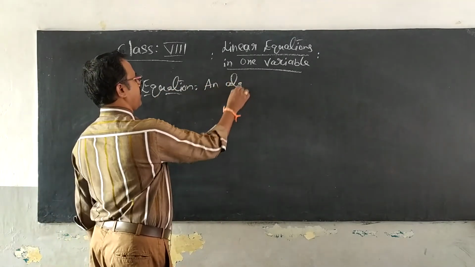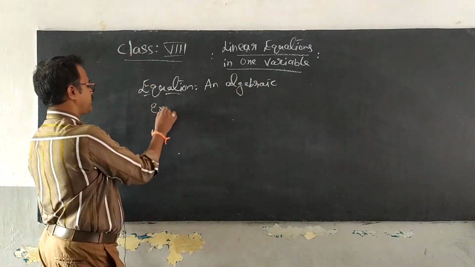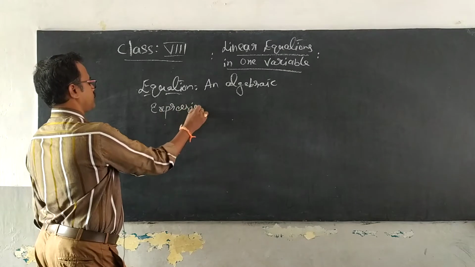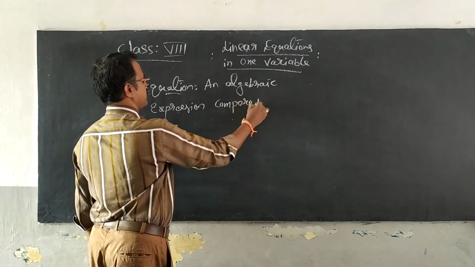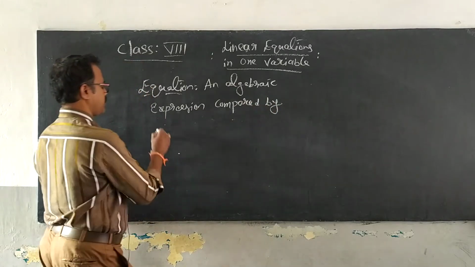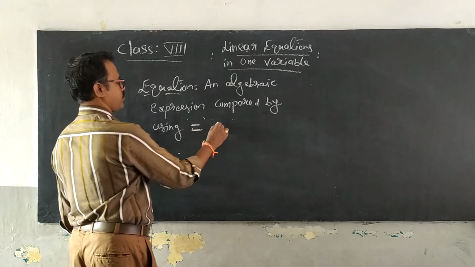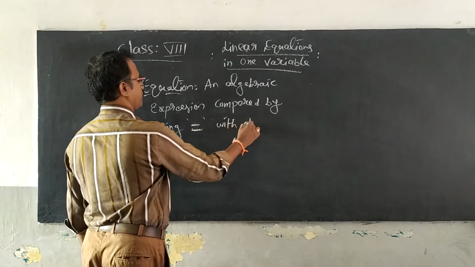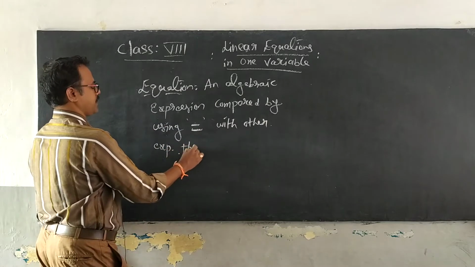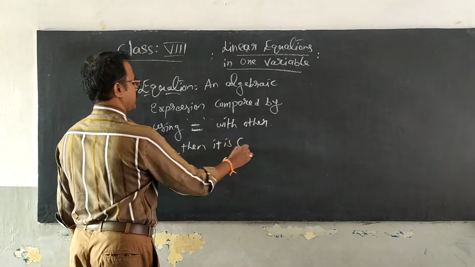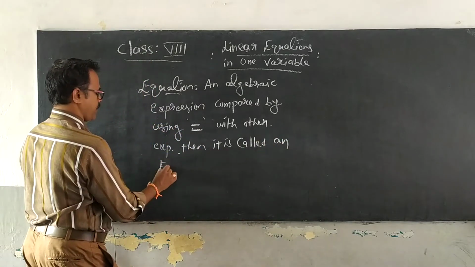An algebraic expression, okay, compared by using is equal to with another expression, then it is called an equation.